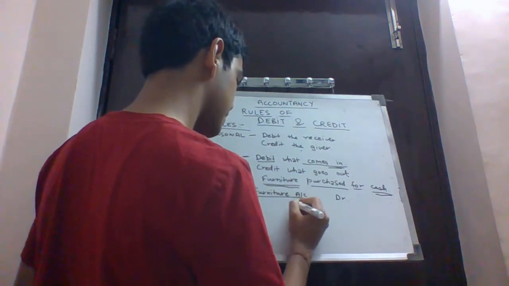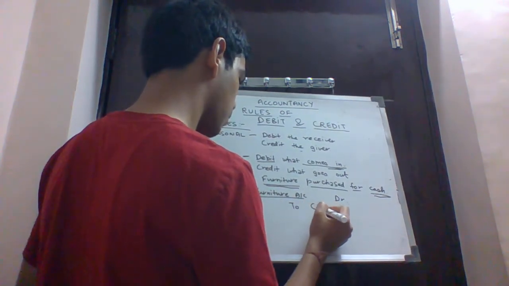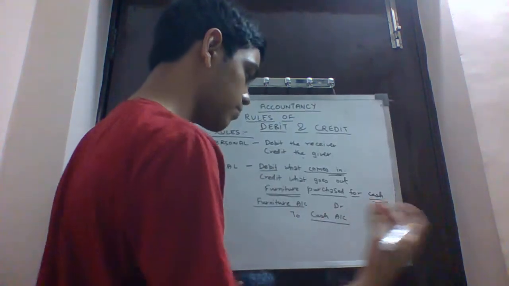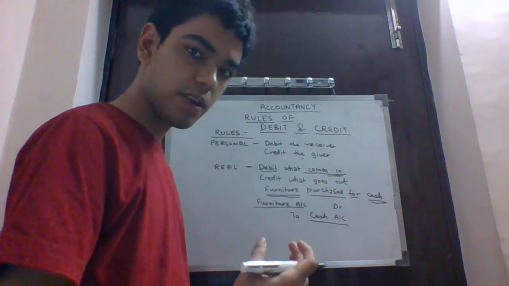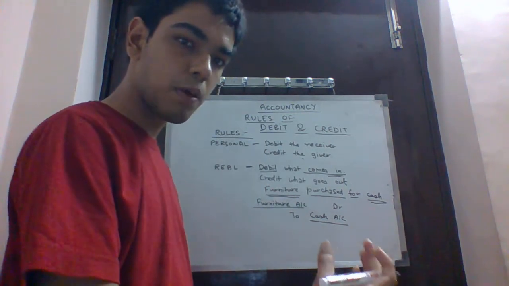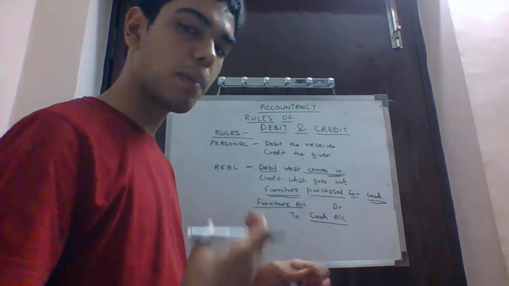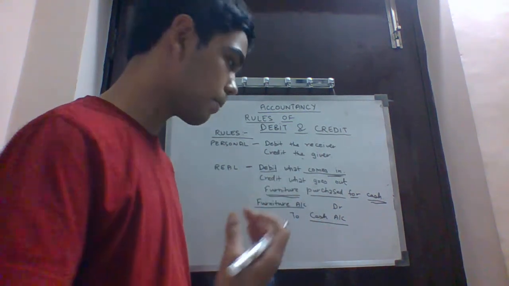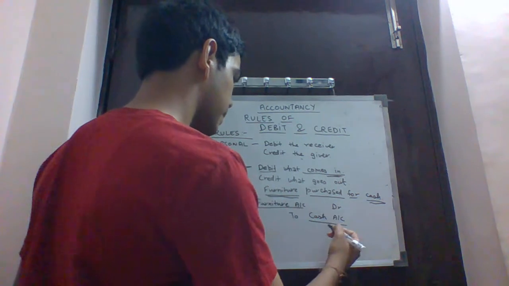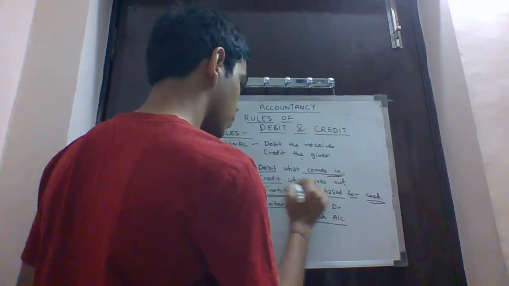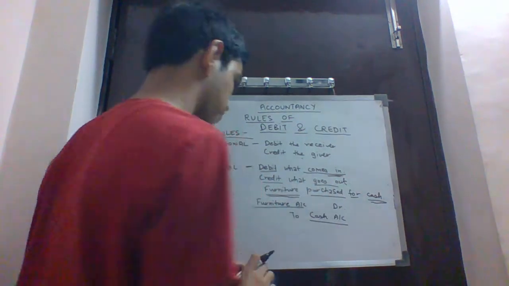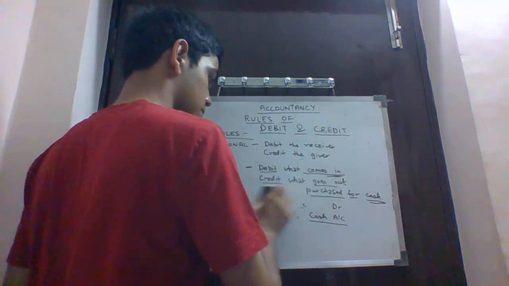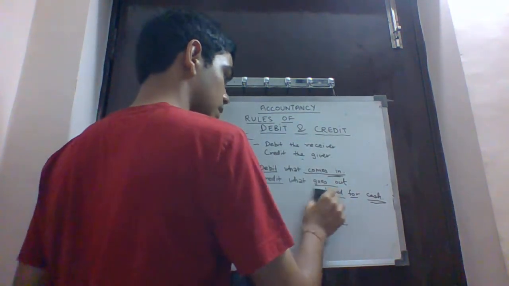Furniture account is being debited to cash account because cash balance is being deducted because we have paid for the amount of furniture purchased. So cash account is credited because credit what goes out. This was the real account.